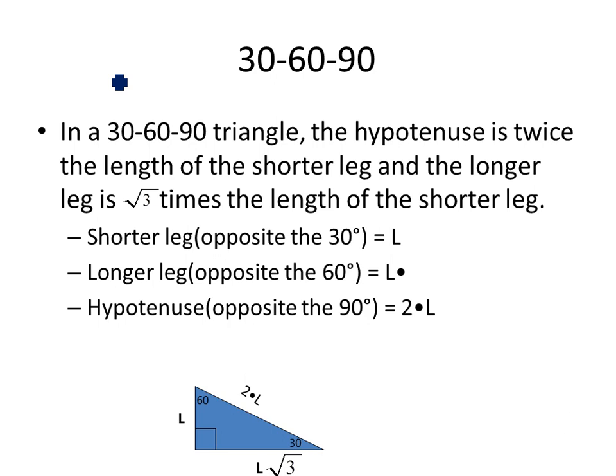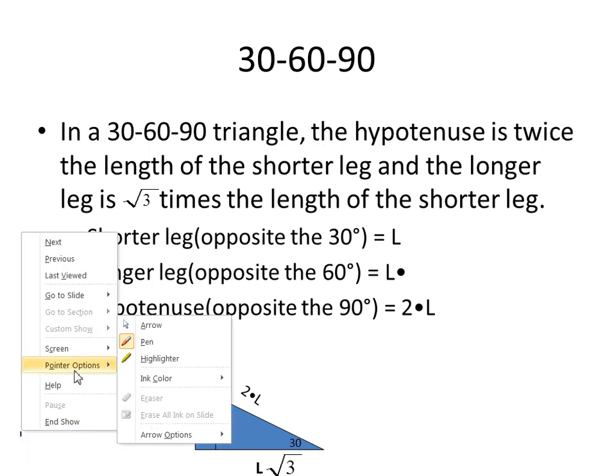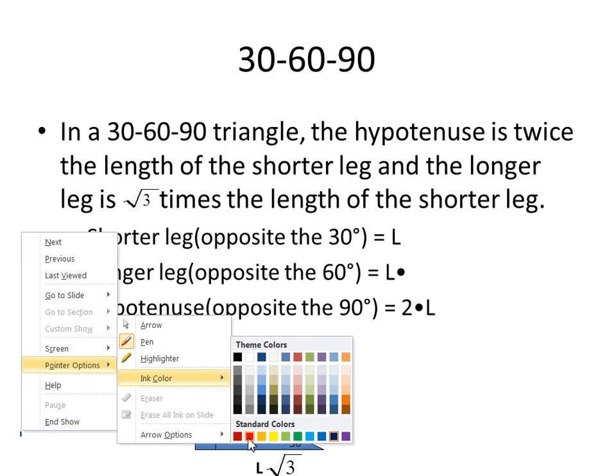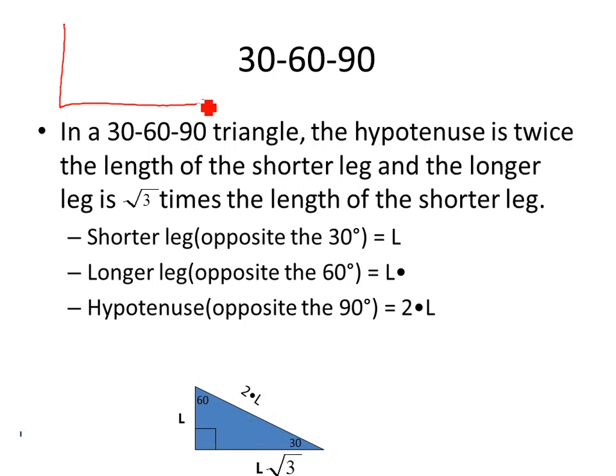Alright, same idea with the 30, 60, 90 triangle. First thing I want you to do every single time you see a 30, 60, 90 triangle is go through and label it. So if you have a 30, 60, 90 triangle, the side across from the 30-degree angle is always labeled L. The side across from the 60-degree angle is always labeled L times the square root of 3 this time, not the square root of 2 like in the 45, 45, 90, but the square root of 3.